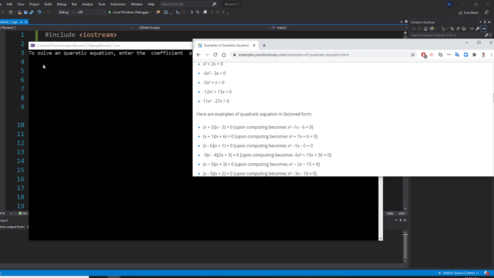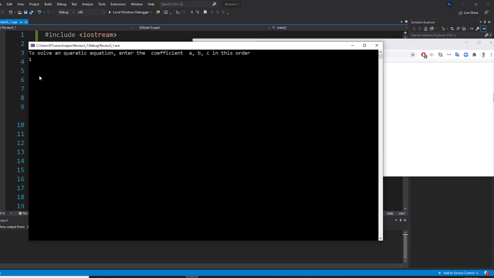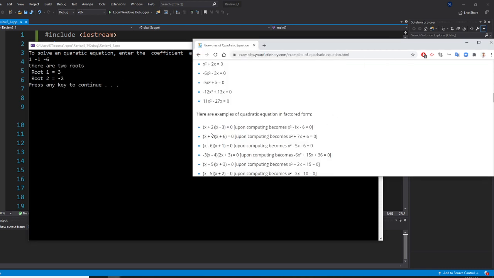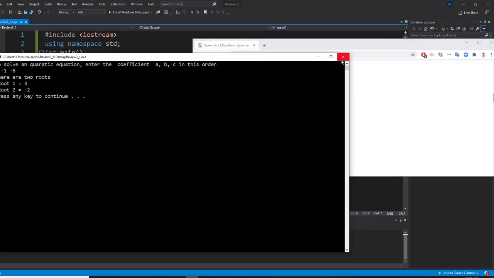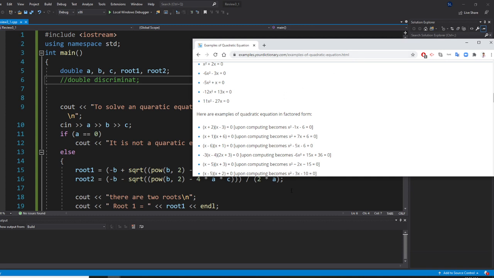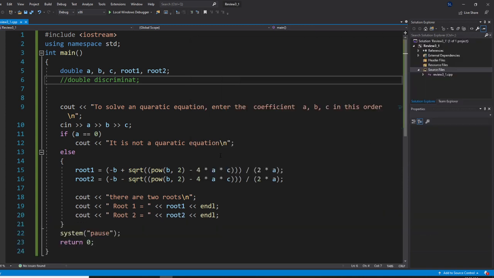The answer should be negative 2 and 3. So let's do this right now: 1, negative 1, and negative 6. The answer is 3 and negative 2. Now we have solved this problem for the first level.